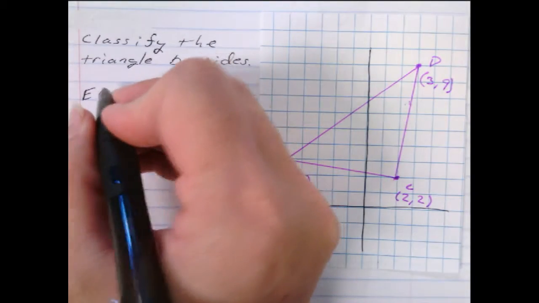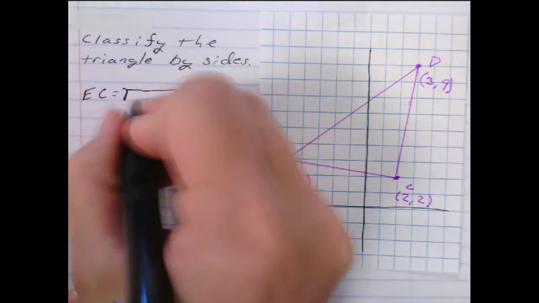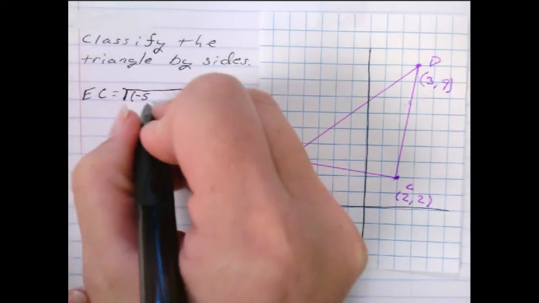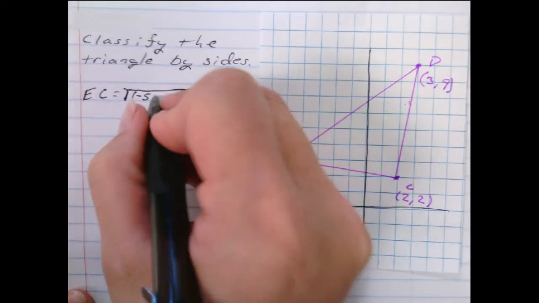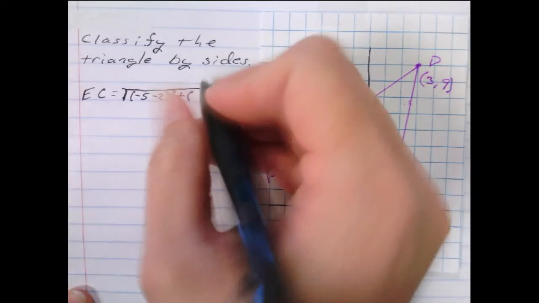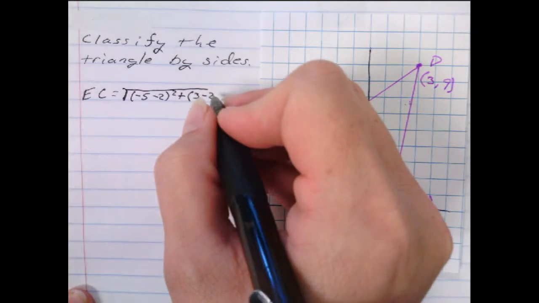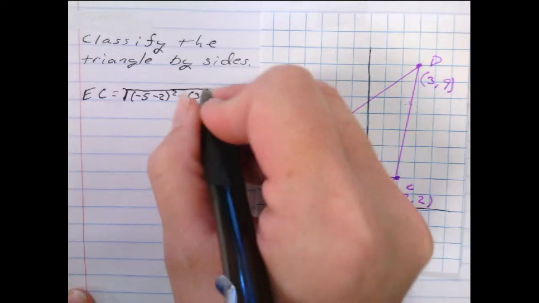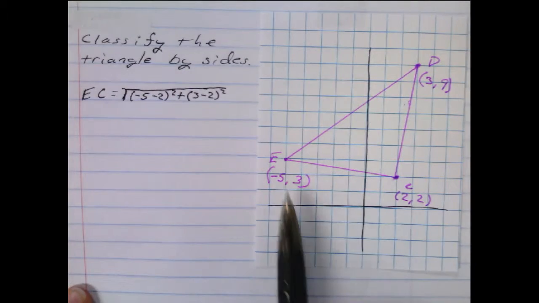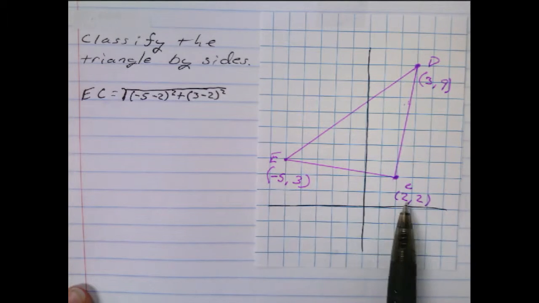For EC, I'm going to be taking the square root of negative 5 minus 2 squared plus 3 minus 2 squared. Okay, so I just used my coordinates here. Negative 5 minus the 2 and 3 minus the 2.